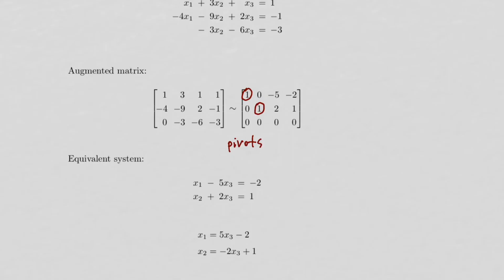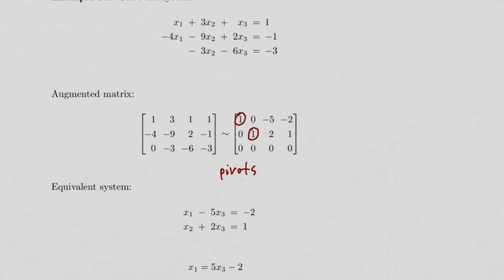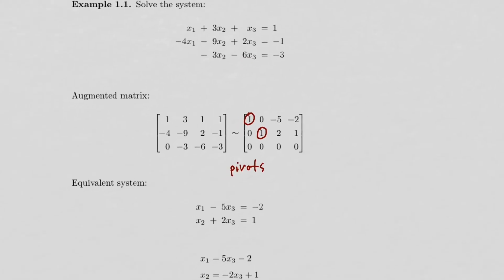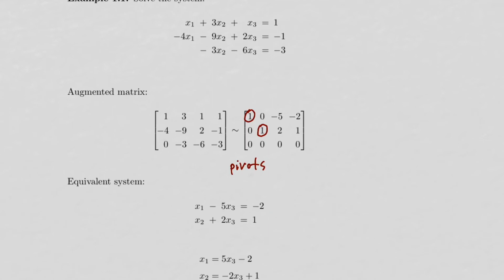And using the existence-uniqueness theorem, since there's not a pivot in the last column, the system is consistent. That means it has a solution, or more formally, the solution set is not empty. So there are going to be some values of x1, x2, and x3 that I can plug into all three equations to satisfy all three equations at the same time. Okay, great. It also tells me that x1 and x2 are my dependent variables.